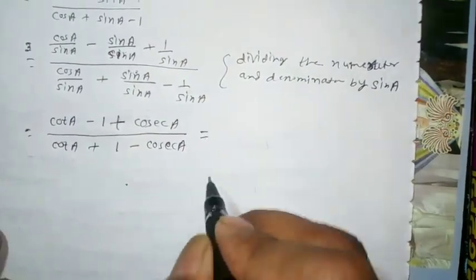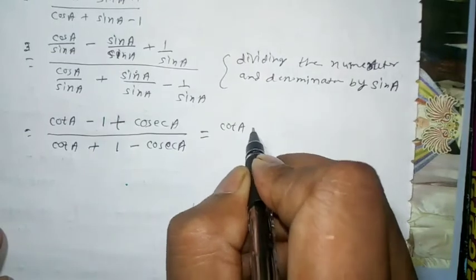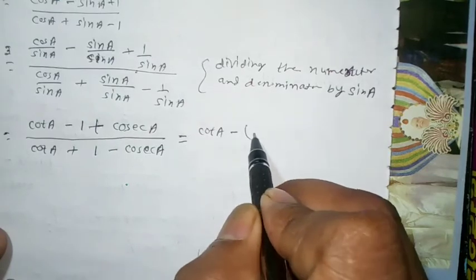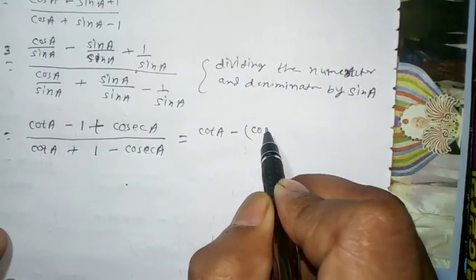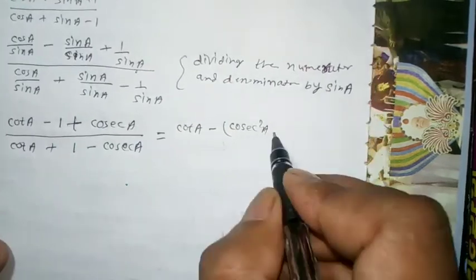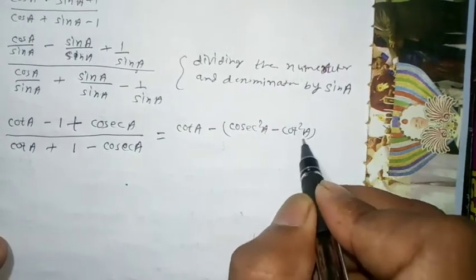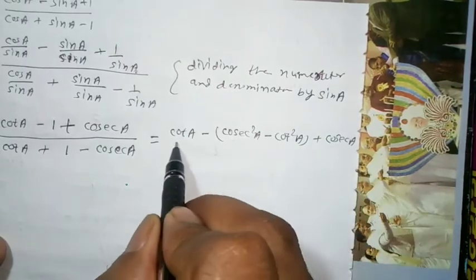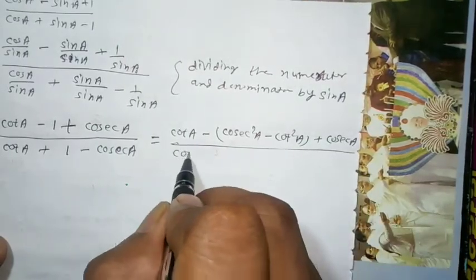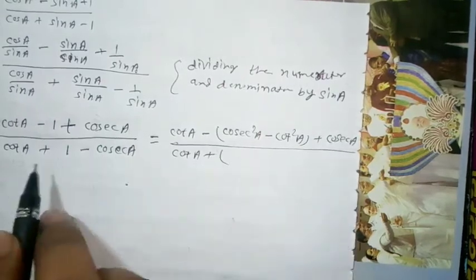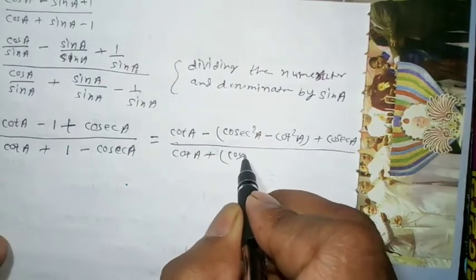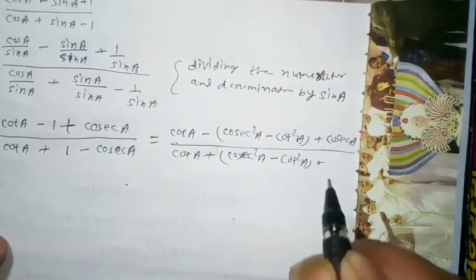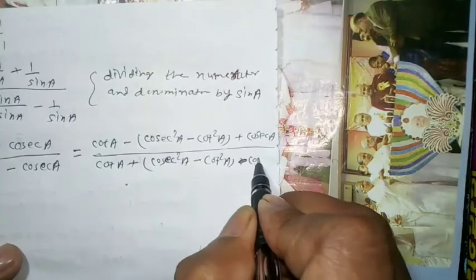That is equal to cot a minus 1 plus cosec a. We also write 1 as cosec square a minus cot square a, so it becomes cosec square a minus cot square a plus cosec a, same for the denominator: cot a plus 1 as cosec square a minus cot square a minus cosec a.